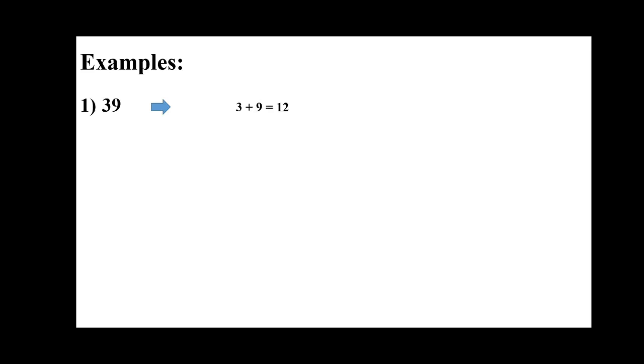Add the digits of the given number 39. 3 plus 9, which is equal to 12. 12 can be divided by 3. So 12 is divisible by 3. So the number 39 is also divisible by 3.